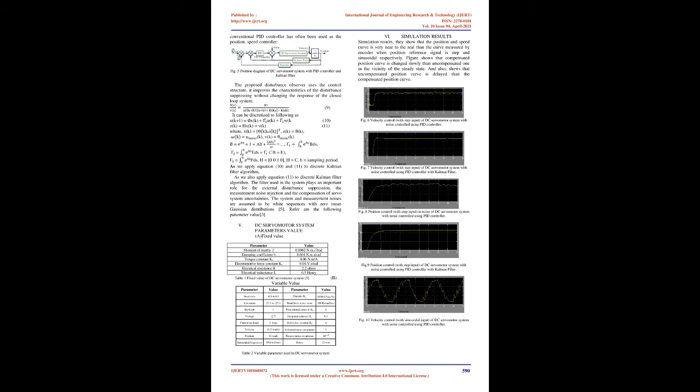Here H is a P times N matrix, G is an N times L matrix, N times N matrix, Z, K, output, V, K, measurement noise, U, K, input determined. Fig 4 shows the position, speed controller block diagram incorporating the proposed PID controller with Kalman filter.